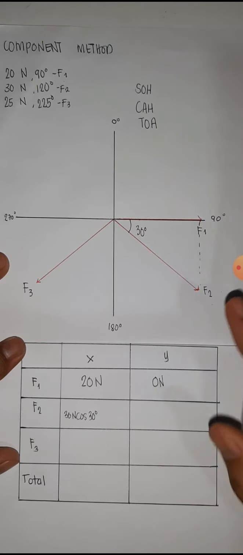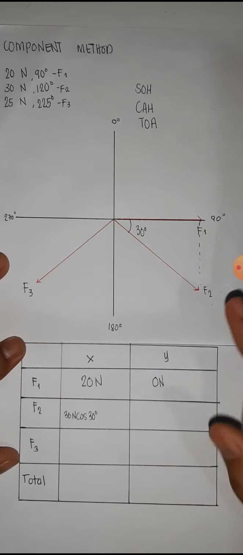Since this is your opposite and this is your hypotenuse, we're going to use sine, opposite over the hypotenuse. So that is sine 30, and the given magnitude for your second vector is 30 Newton.